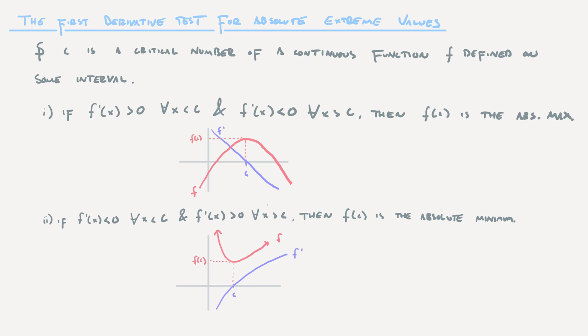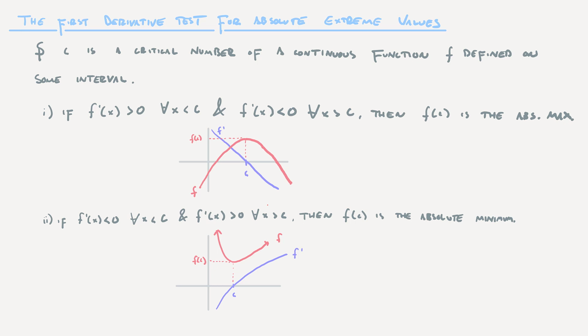And all it says is that suppose that c is a critical number for a continuous function f defined on some interval. If your derivative is positive for everything before the c value, and your derivative is negative for everything after the c value, then you're allowed to conclude that f of c is actually the absolute maximum.